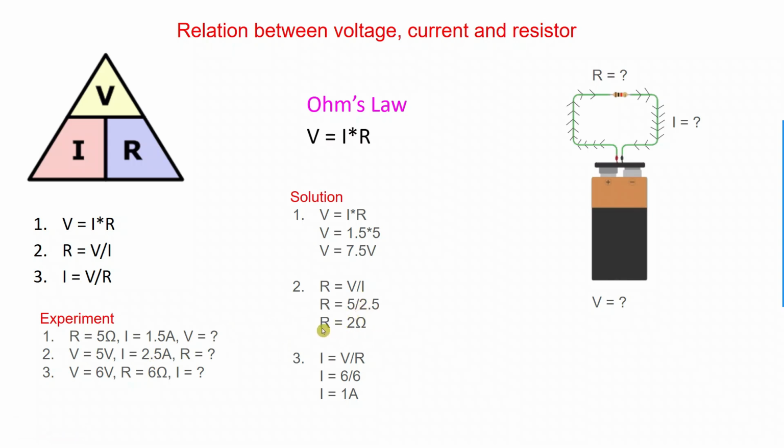What is the unit of R? Ohm. 2 ohm. So in this circuit, the value of R is 2 ohm.